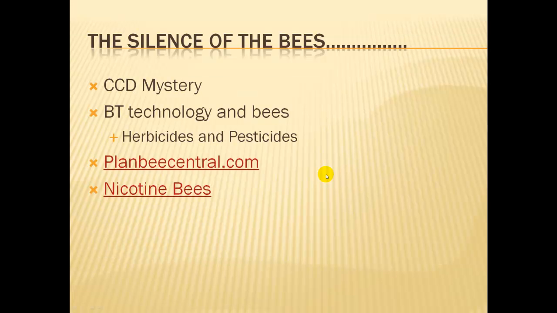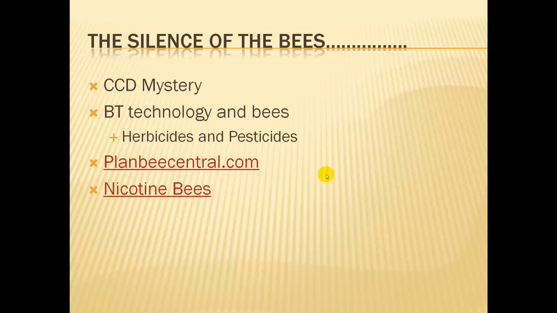The other issue with transgenic crops is the CCD mystery with bees, and that's colony collapse disorder. There's been a large amount of research that's saying that BT technology might be linked to colony collapse disorder. However, more research points that it's simple herbicide and pesticide use that is impacting these bees.